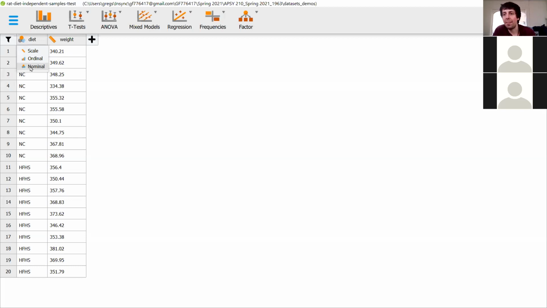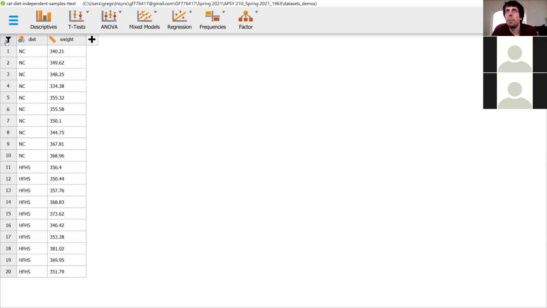It's either high-fat, high-sugar chow or normal chow. JASP has also correctly identified the weight variable as a scale type. It's not nominal, because weight can be a continuous fluctuating number. And it's not ordinal, because we're not ranking the rats in terms of third heaviest, 23rd heaviest, etc. It's a scale type variable.